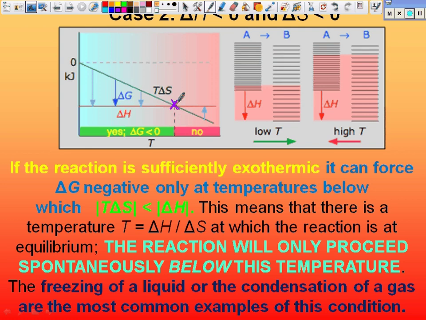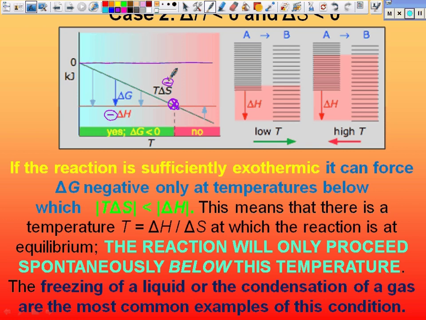So there's a specific value where the T delta S will cross that delta H line and it will no longer be spontaneous. Is delta H positive or negative here? Again, here's your zero. It's negative. What's happening to delta S? Is it becoming positive or negative? It's becoming negative, which nature doesn't like. So it's only spontaneous at low temperatures.